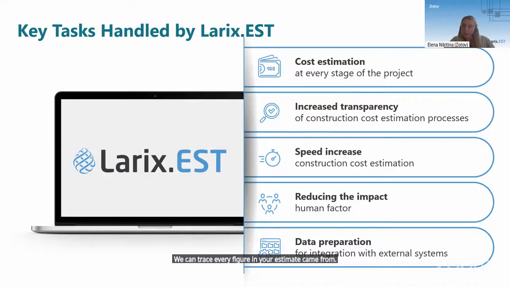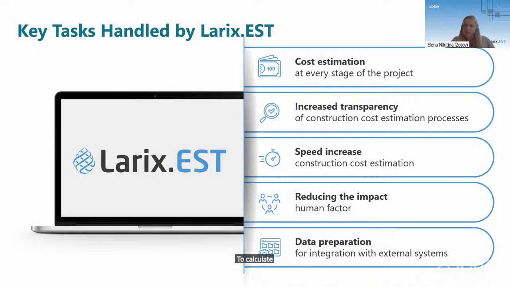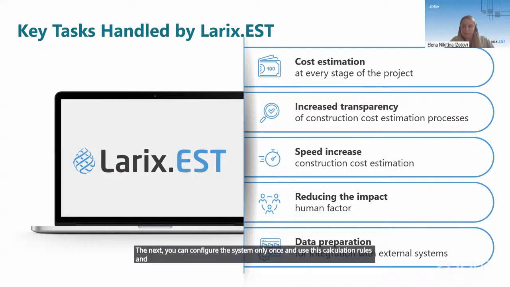You can see which unit rate, which consumption rate, or what project data was used to calculate this quantity or this cost, and you can see it in any other steps. Next, you can configure the system only once and use these calculation rules and reports in any project.